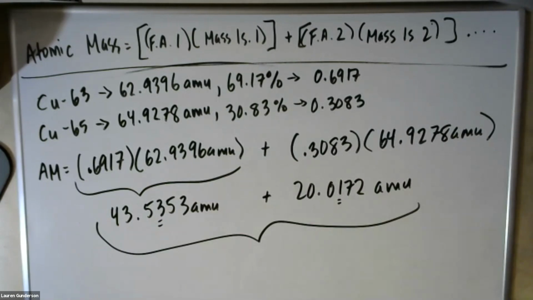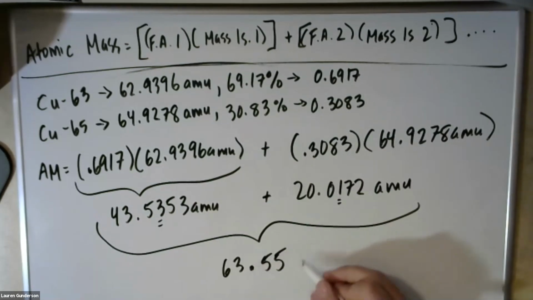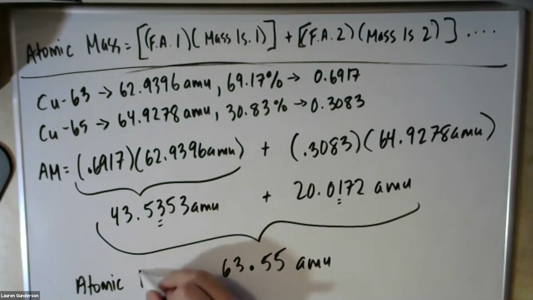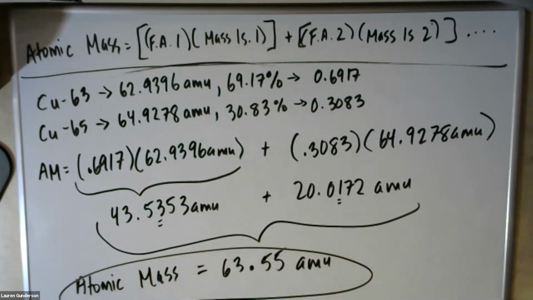And then we're going to add these values together. We end up with 63.55 AMU as the atomic mass. And again, if you looked at the atomic mass of copper on the periodic table, that is what you would find. So that means that we did a good job there.